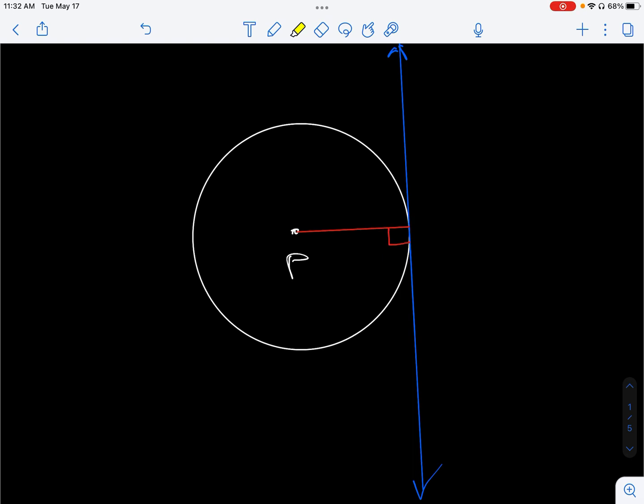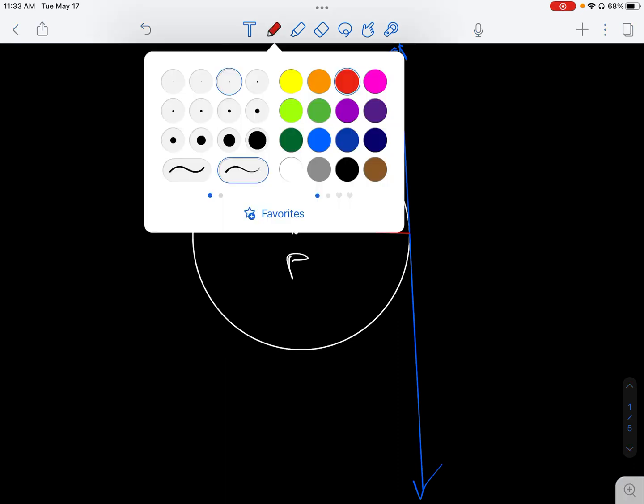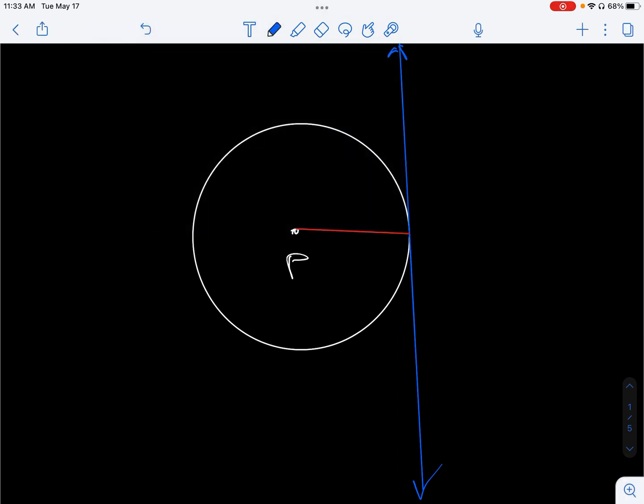So how is this useful to us? Well, let's take a look. If we have a line here and a radius here, and let's go back to blue for this one, and another line here. And let's label our points.